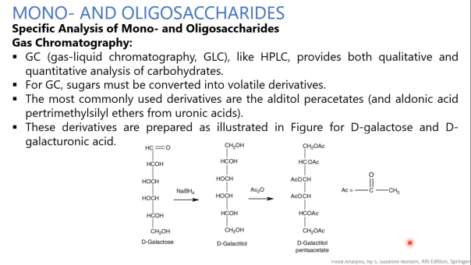And that's why whenever the derivatized compound, the analyte of interest, comes into the column, the compound is in the gaseous state, and hence there is a proper separation, or we can say the analysis is possible.